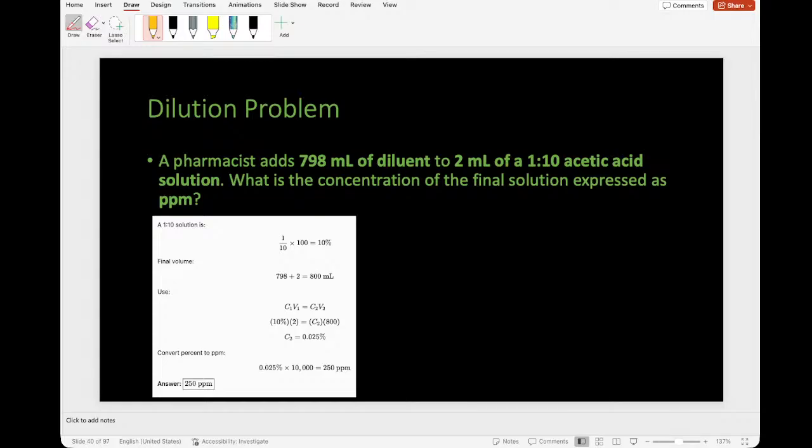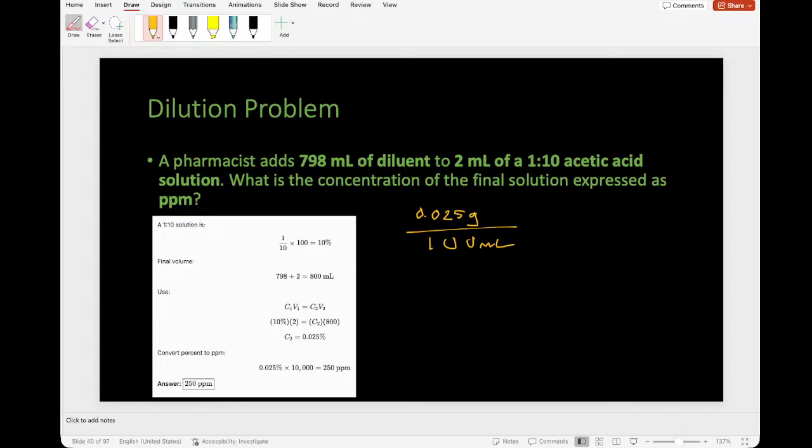So we could make it like this, where you convert the percent value that you get for C2, right?